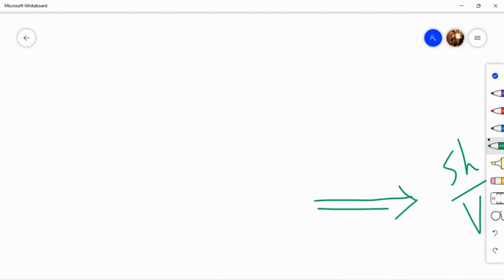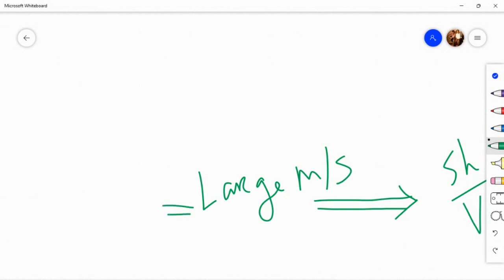But to occupy large market share, the company must have a large output. Think about it. Large market share. But to have large market share, what should it be capable of? It must have a large output.